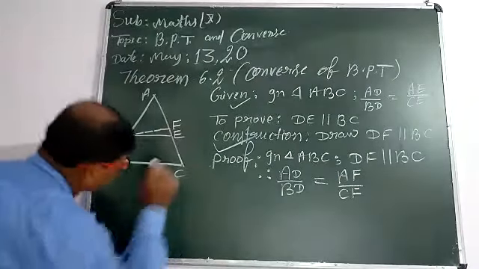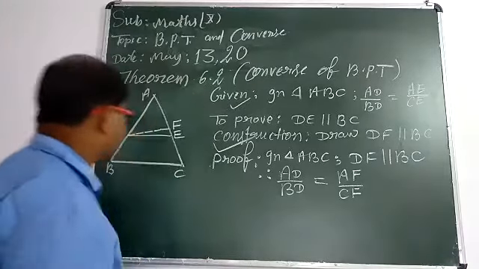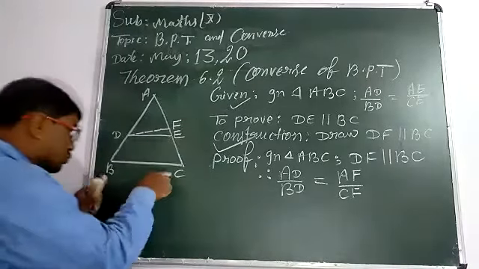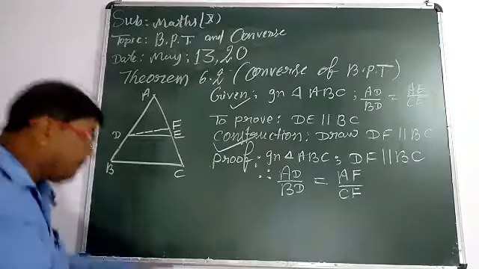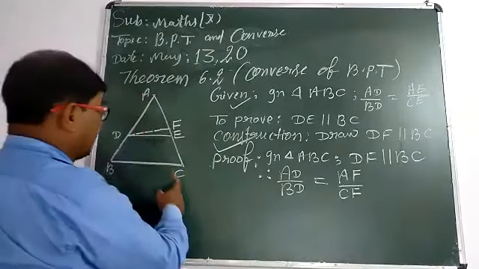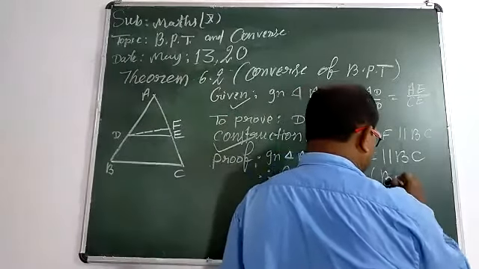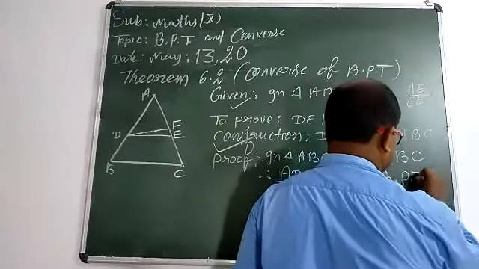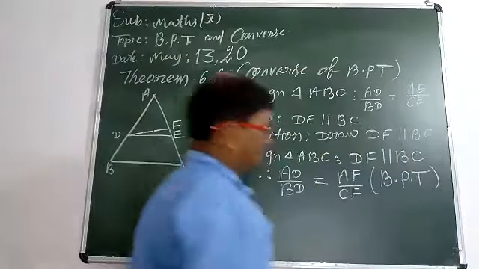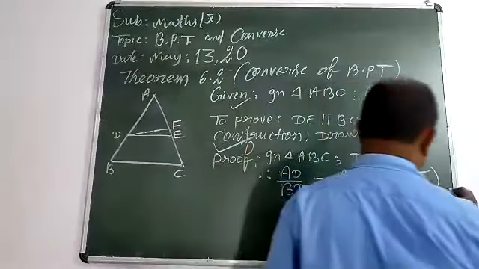DF is parallel to BC and you are in BPT. So AD upon BD equals AF upon CF by the help of BPT. Okay? This is the first equation.